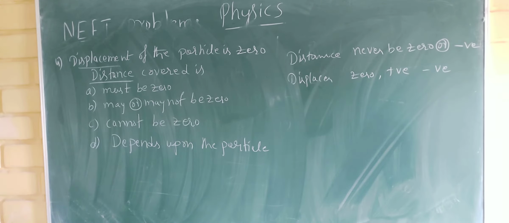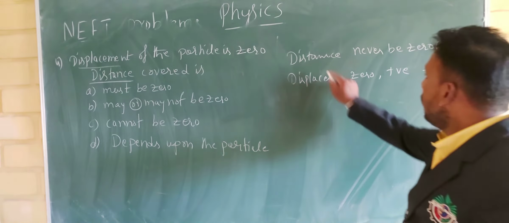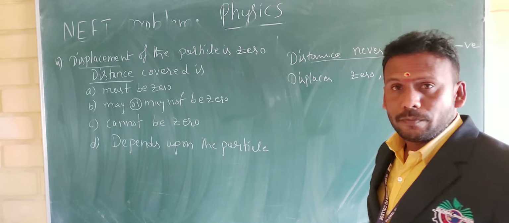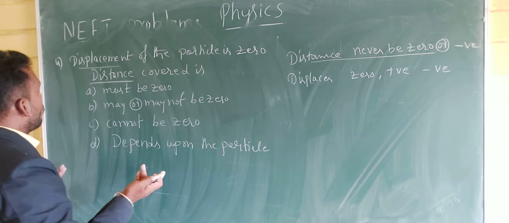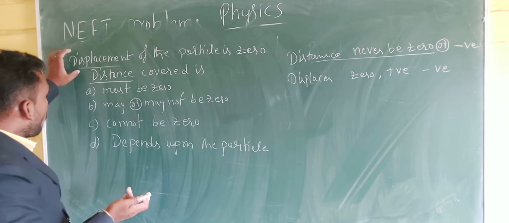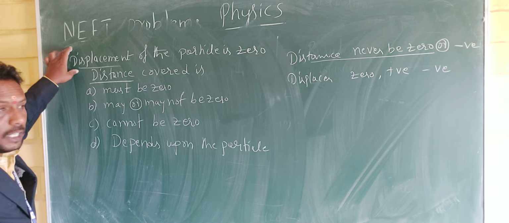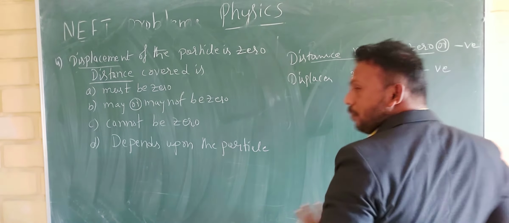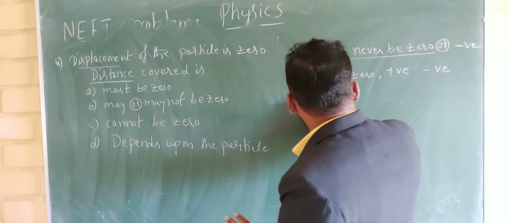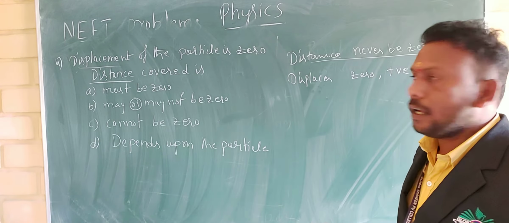For a moving particle, distance is never 0. Here the particle is moving or at rest, we don't know. If the particle is in motion, distance is never 0, but displacement will be 0.